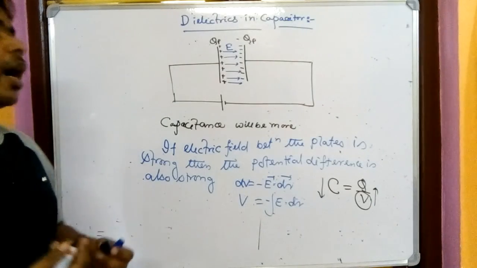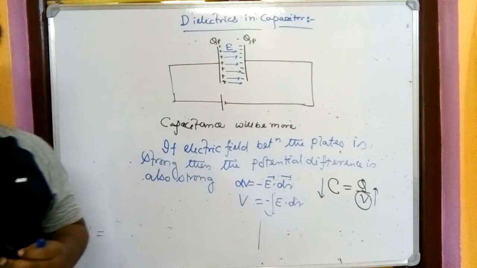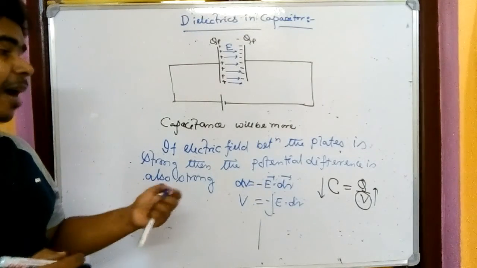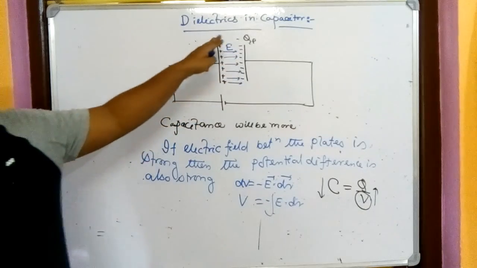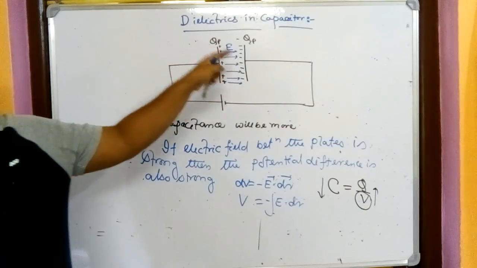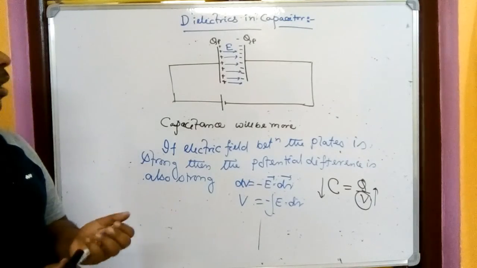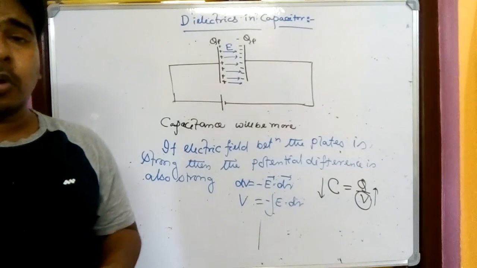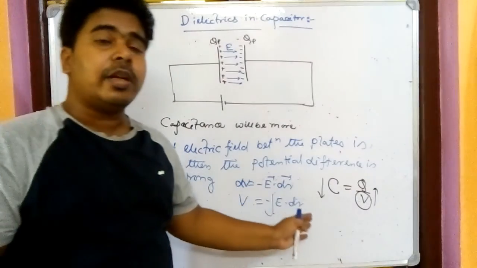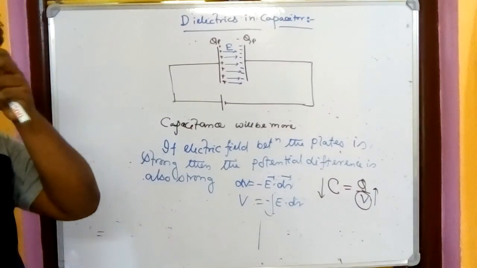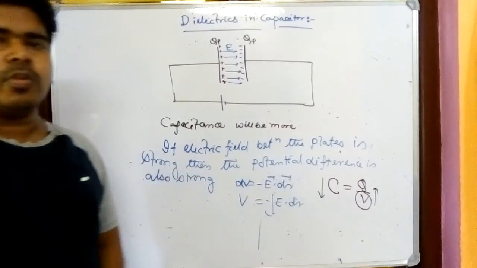So our target is to store a large amount of charge here. But what we have seen is that if no substance is kept in the gap between the two plates, then the electric field will be strong, and if the electric field is strong, the potential difference will also be strong, and then the capacitance will decrease.